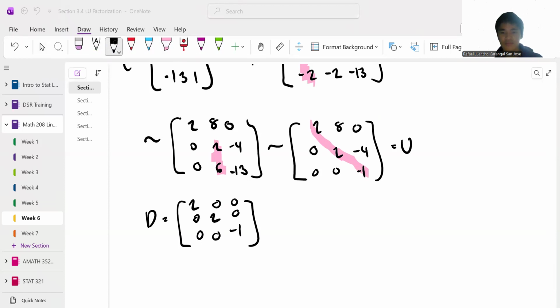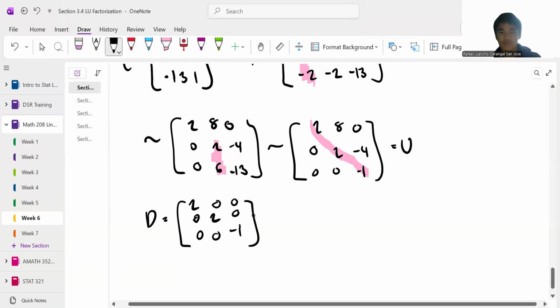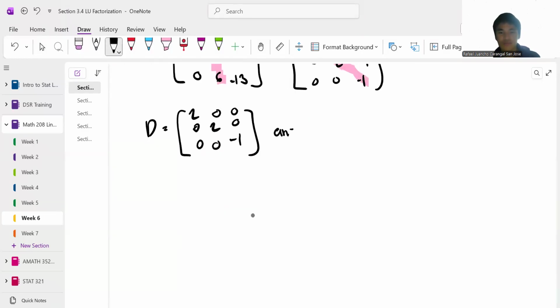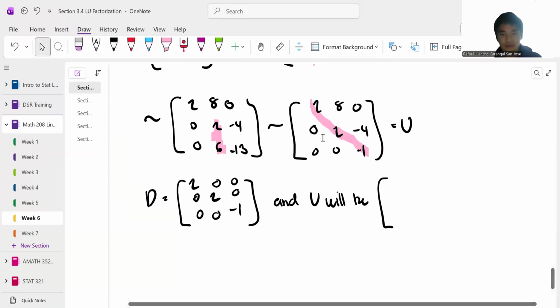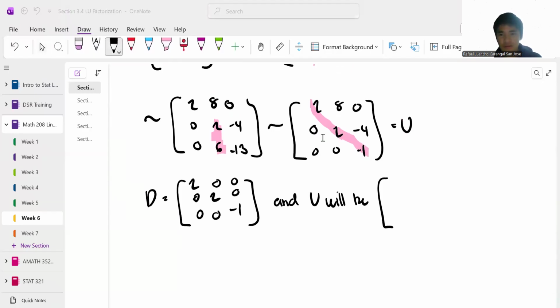Right? And then now we can modify the new U. This will all become 1.